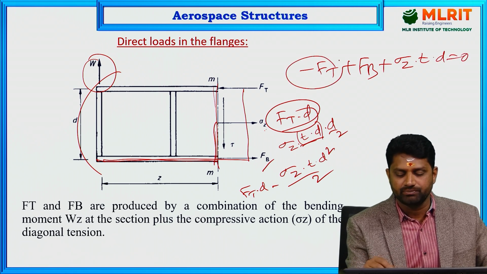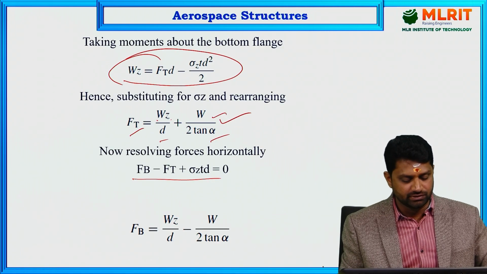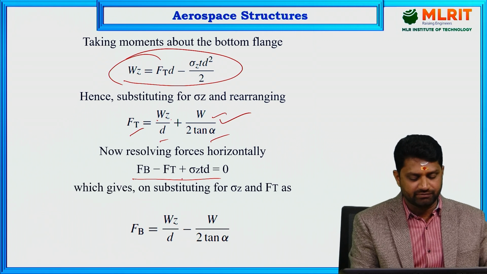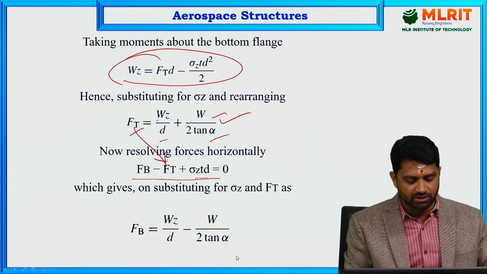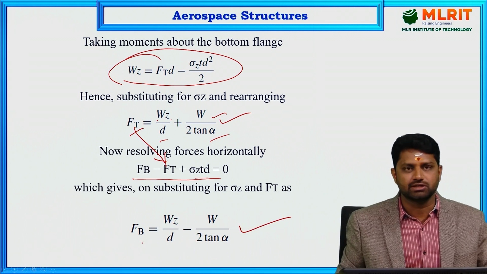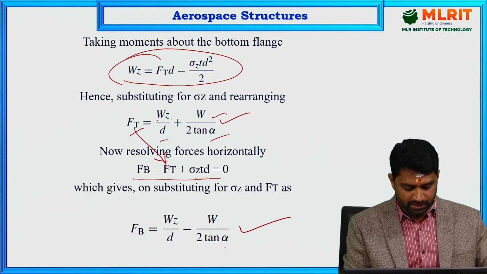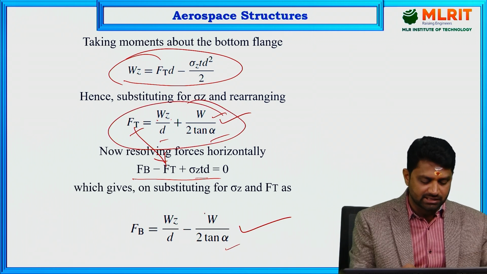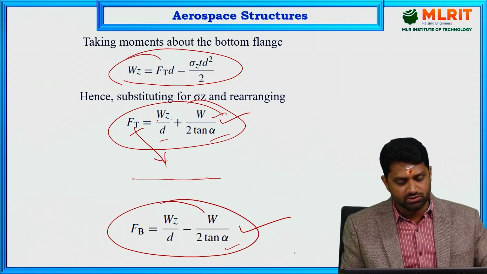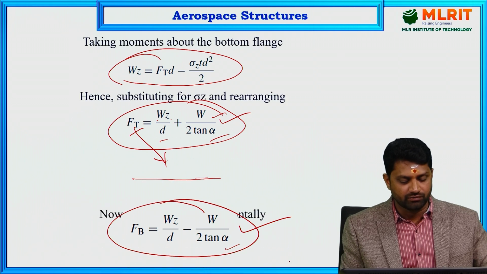Once you get Ft, you can substitute it in this equation and get the force in the bottom flange, which is equal to Wz divided by D minus W by 2 tan alpha. So this is the force in the top flange, and this is the force in the bottom flange. These are the two flange forces that exist in the beam we considered.